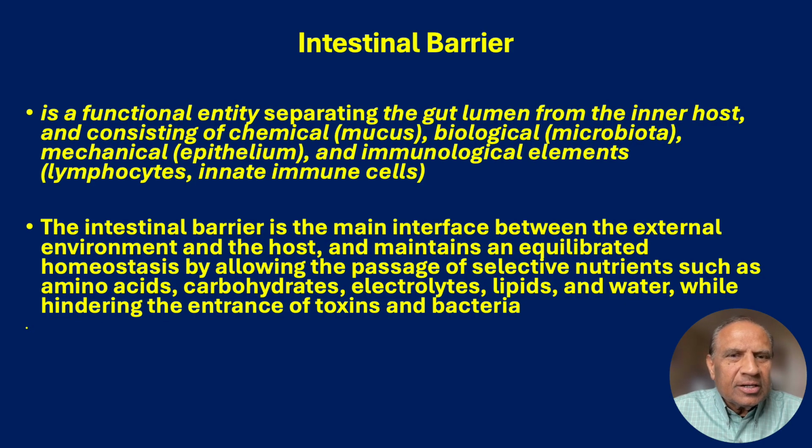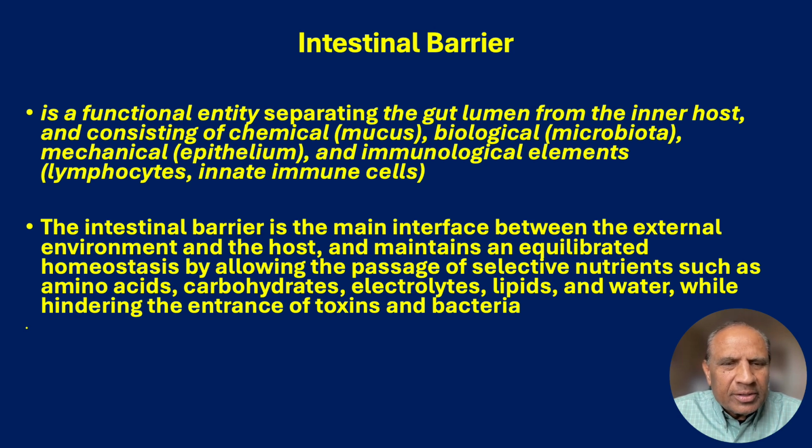So what is the intestinal barrier? It is a functional entity separating the gut lumen from the inner host, consisting of chemical elements like mucus, biological elements like microbiota, mechanical elements like the epithelium of the intestine, and immunologic elements, which are lymphocytes and innate immune cells in the intestinal wall.